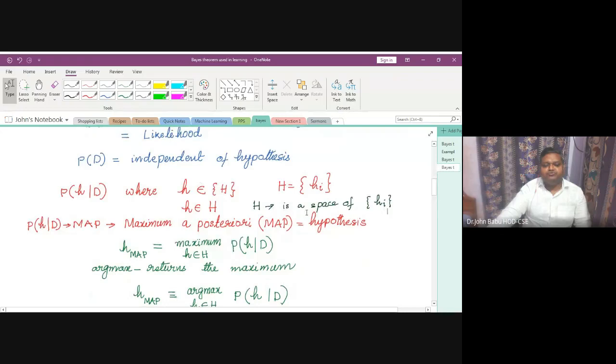So we want to find the maximum probable hypothesis, or otherwise we call it here the maximum a posteriori hypothesis.